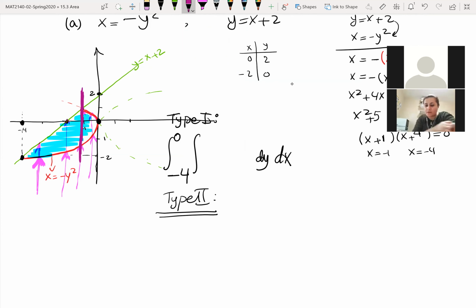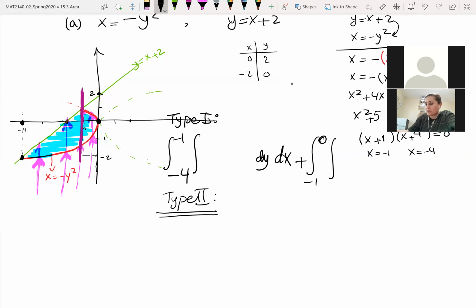Your limits of integration on the right side are from the parabola all the way to the parabola, but on the left side they go from the parabola to the line. That's from -4 to -1, and that's different from going from -1 to 0.